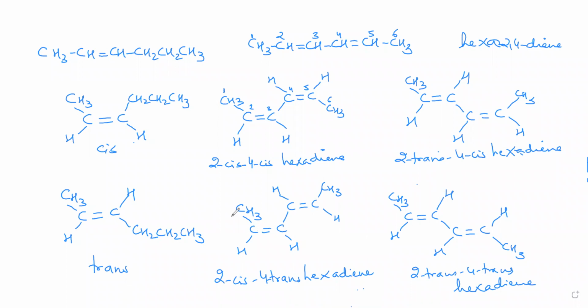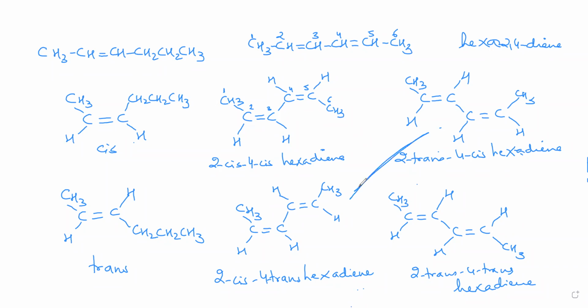Now see here. If I'm looking at it from left to right, I'm getting cis first and then trans. But what if I look from this end? What am I going to get here? Trans, and then cis. Do I have a trans-cis configuration coming up? Yes. So can I say these two become the same? These two are the same.